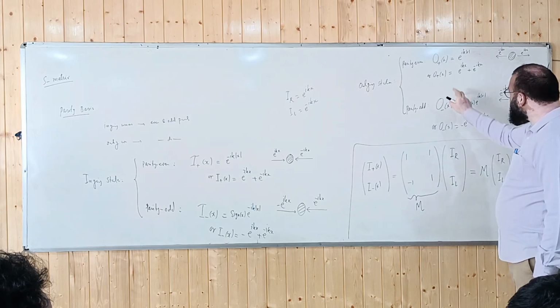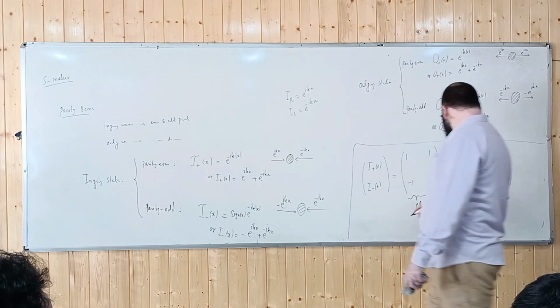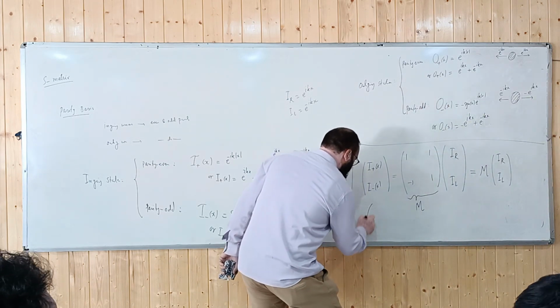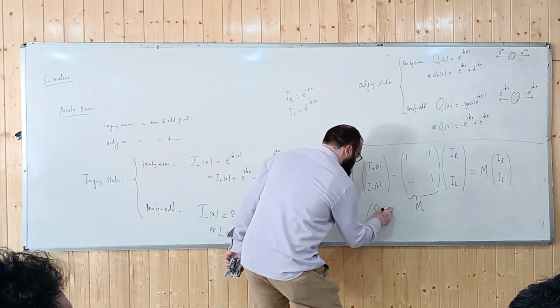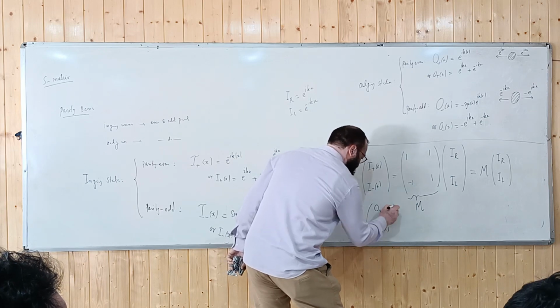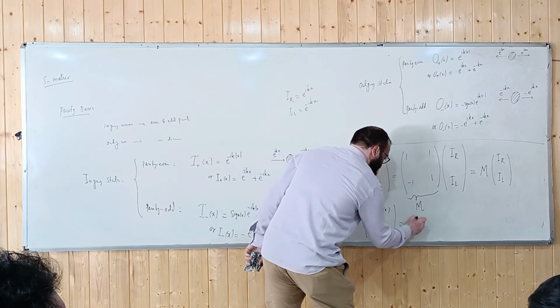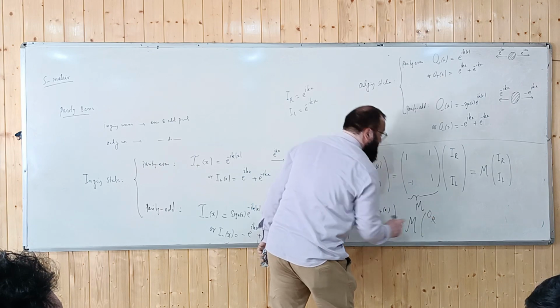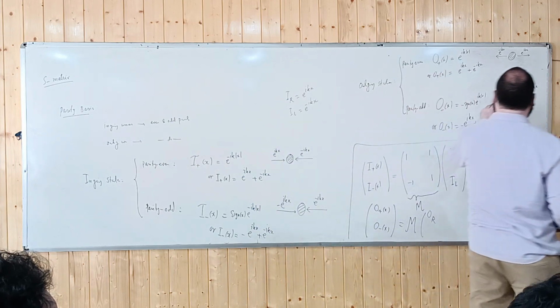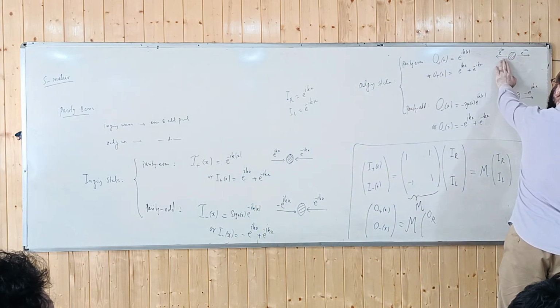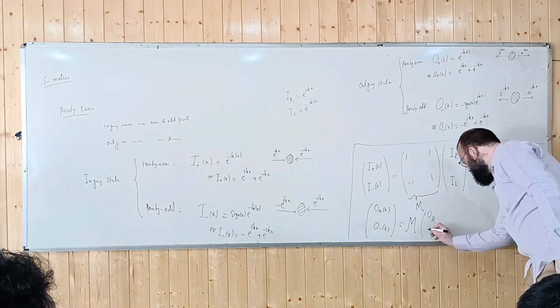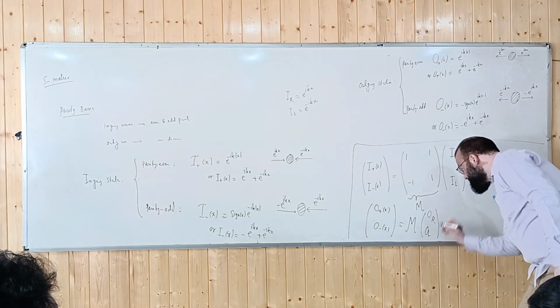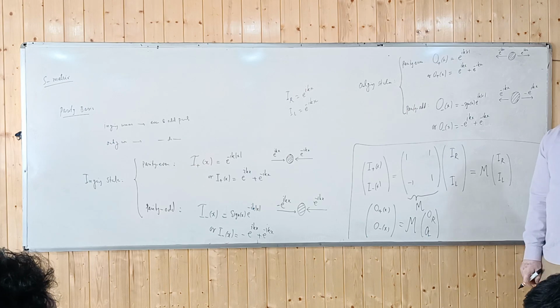Similarly, I can write these O's. So I can write O plus of x, O minus of x, same as M. This is the outgoing right moving, clear? And this is the outgoing left moving. Clear? Got it?